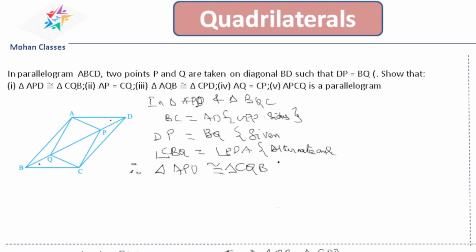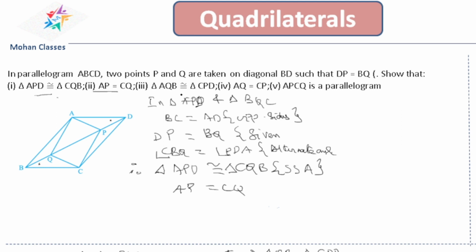First one is, what is this? SAS. If it is congruent, then we can say AP is equal to CQ. So we have proved 1 and 2, right? Two things we have proved. This we have proved and this also we have proved.